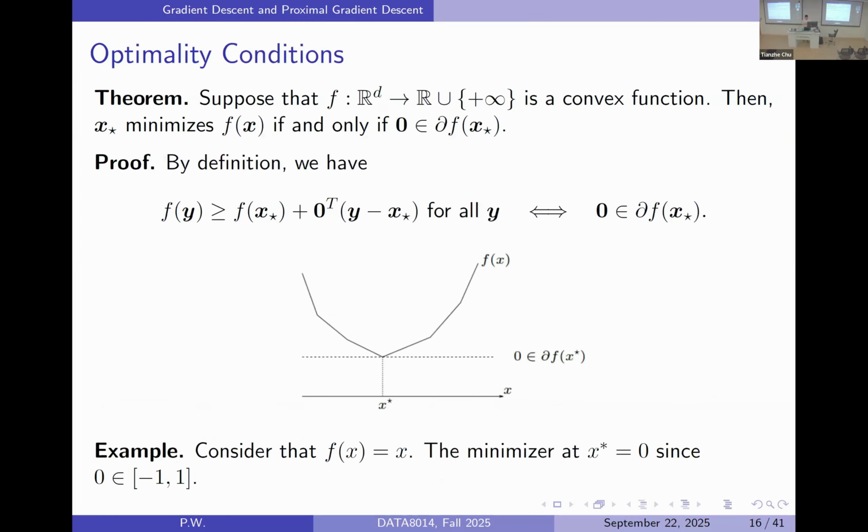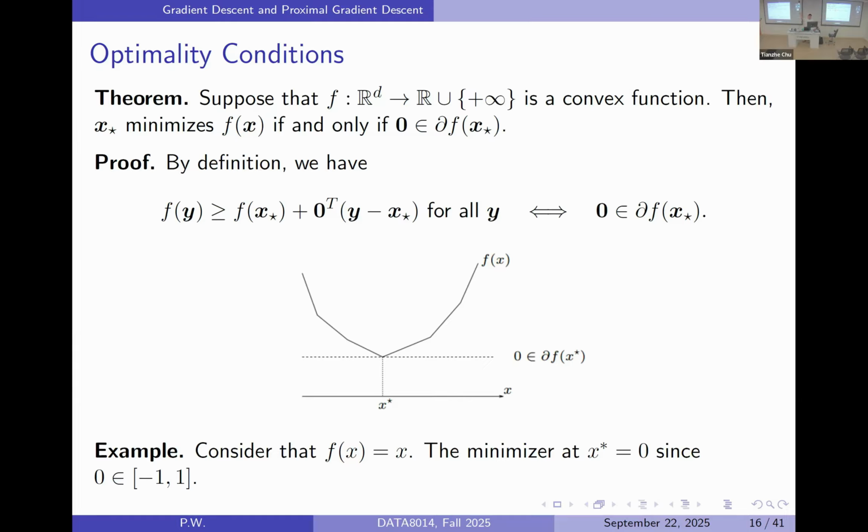Based on the subgradient, we can get a very important optimality condition for non-smooth optimization problems. Suppose f is a convex function defined on the extended value domain, the union of R and positive infinity.